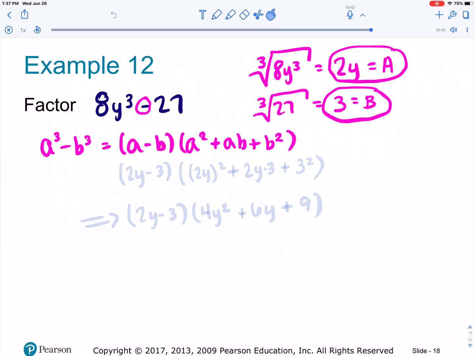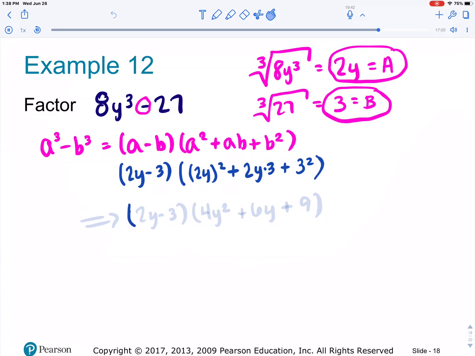Okay, so now I'm just going to plug in my values. I'm going to say, okay, a is 2y and b is 3. So I'm going to say 2y minus 3. This one I've got to be really super careful. (2y) squared plus 2y times 3 plus 3 squared.